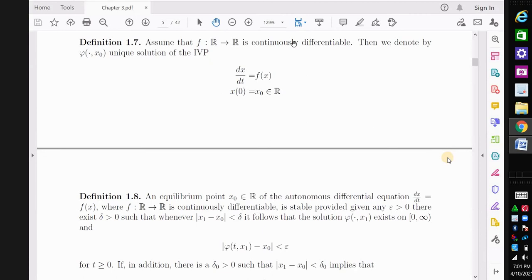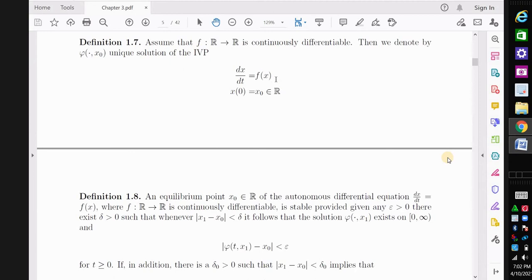You can see this is some initial value problem: dx by dt is f of x, x at 0 is x naught. Also, you can see this f is continuous, and also this f is differentiable.